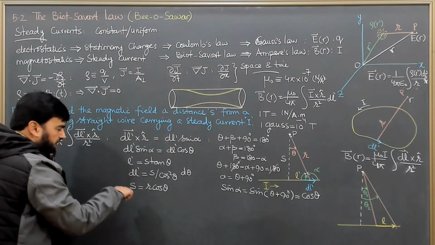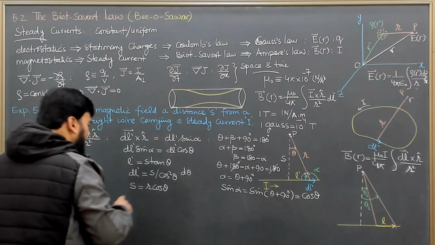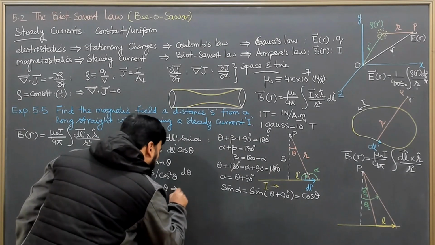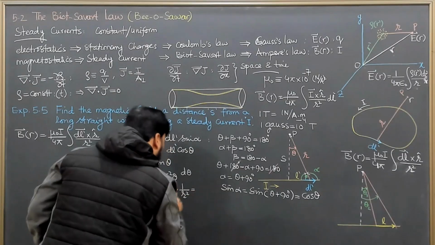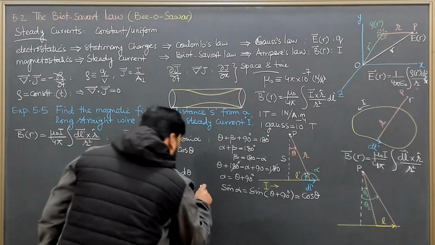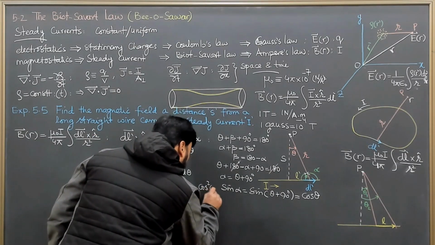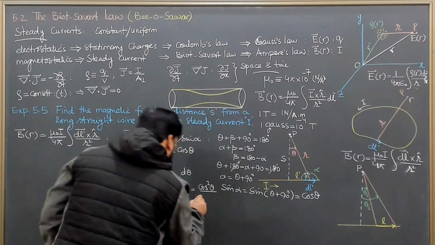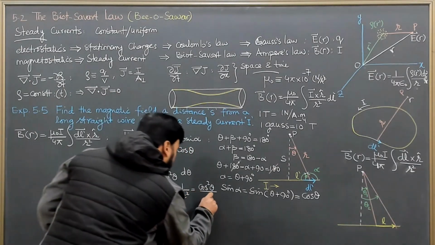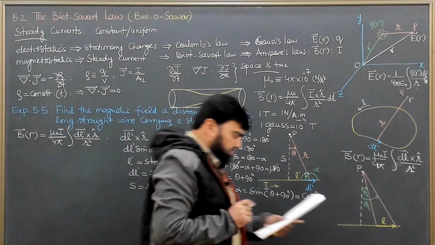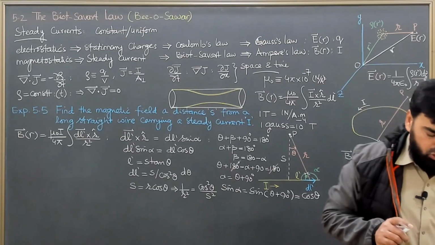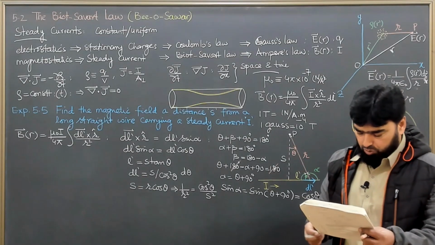So cos theta over S will come out to be 1 over r, and I can write that 1 over r square is basically equal to cos square theta over this S square. Because I will square it as well, and reciprocate, so 1 over r square is equal to this thing.